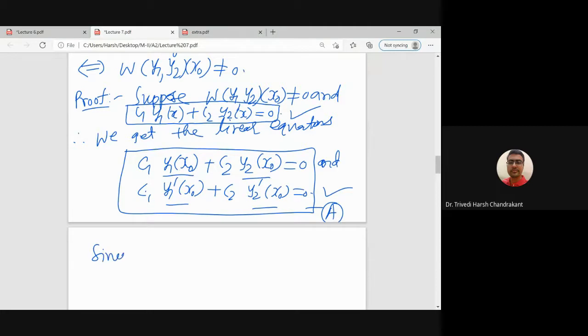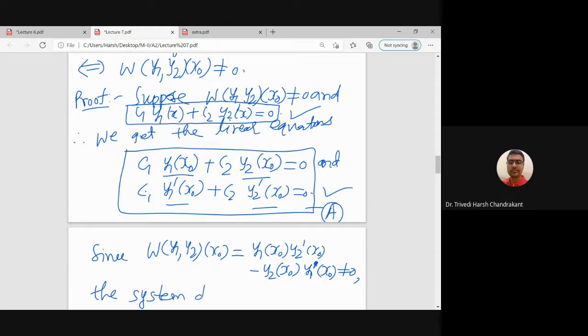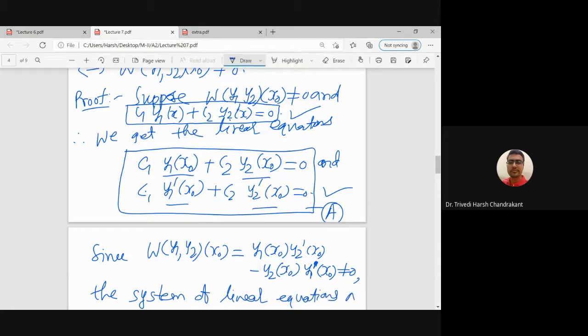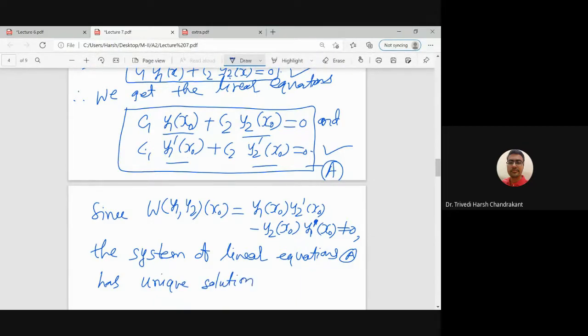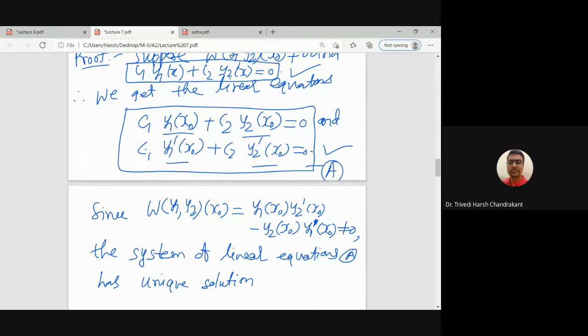Since the Wronskian, which is y1(x naught) y2 dash(x naught) minus y2(x naught) y1 dash(x naught), is non-zero, the system of linear equations A has a unique solution, because it is a homogeneous system of linear equations in variables c1 and c2.